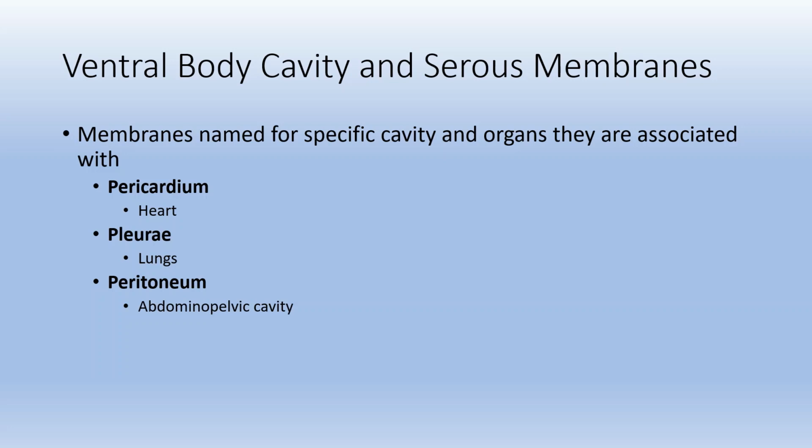So if we are just studying the pericardial cavity and the heart, the layer of that membrane that is stuck to the surface of the heart is now the visceral pericardium. And the layer of that membrane that lines the wall of the pericardial cavity is the parietal pericardium.